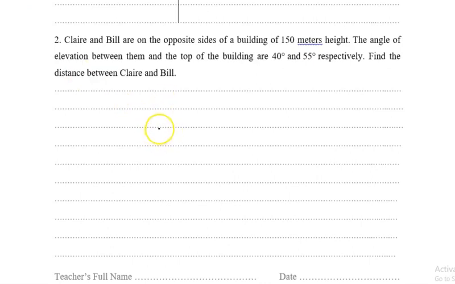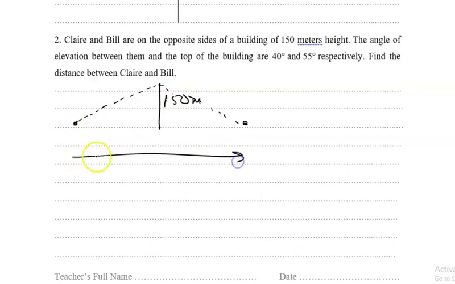So we have a building, and the building is 150 meters tall. Now we have Claire over here, and Bill over here, and both are looking at the top of the building.